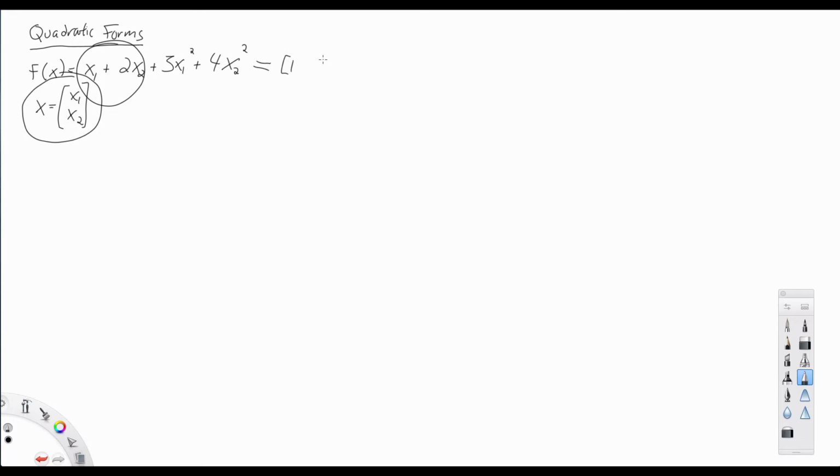This row vector 1, 2 times this vector x1, x2, that's going to be equal to 1 times x1 plus 2 times x2. So that is equivalent to these first two terms.